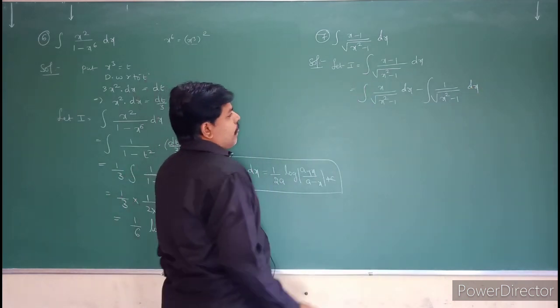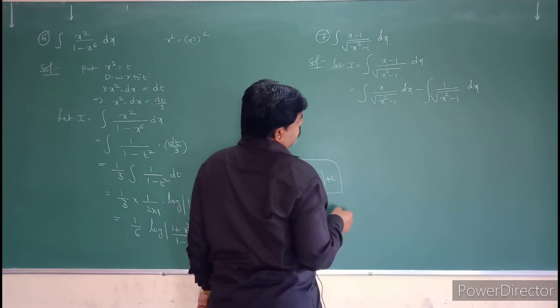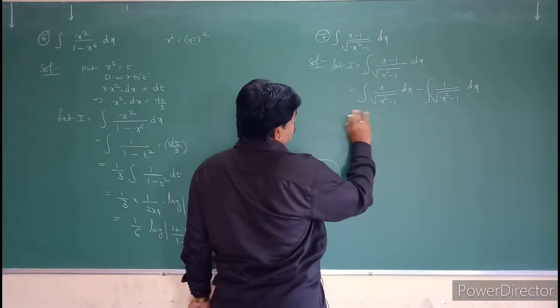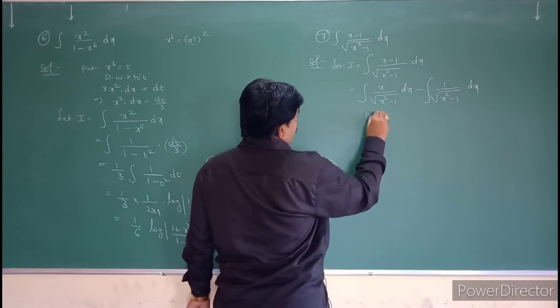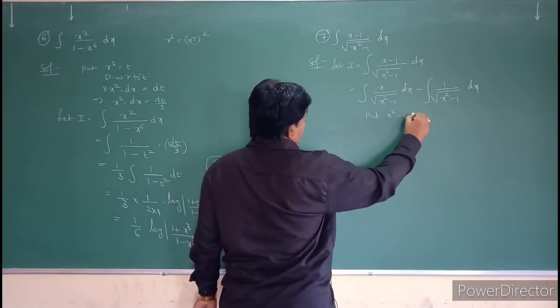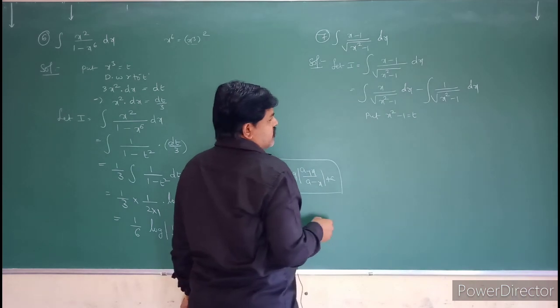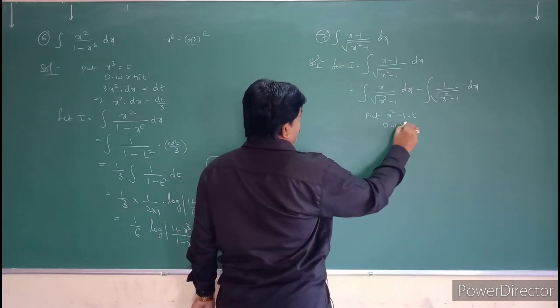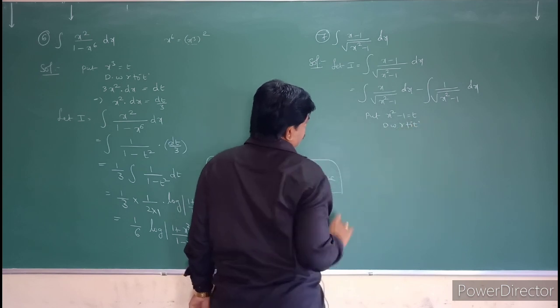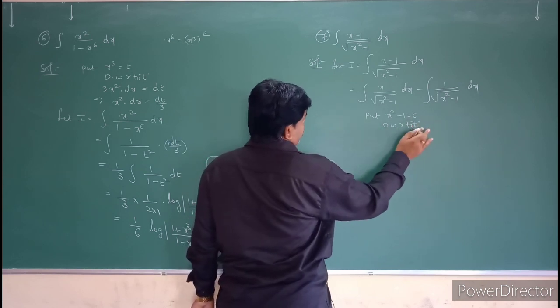So here I will take this value: put x square minus 1 is equal to t. Differentiate with respect to t.